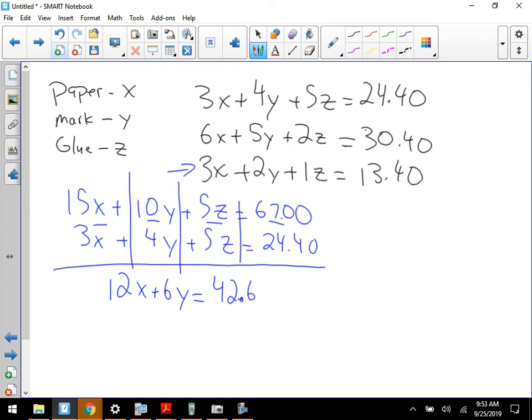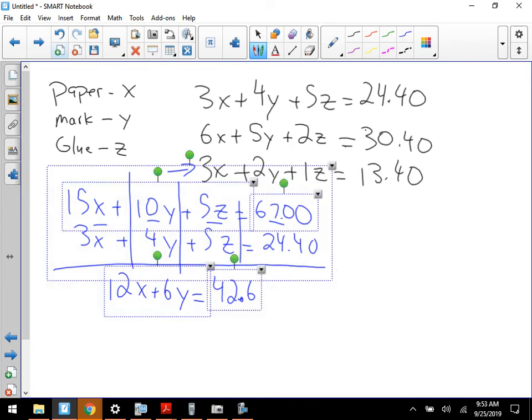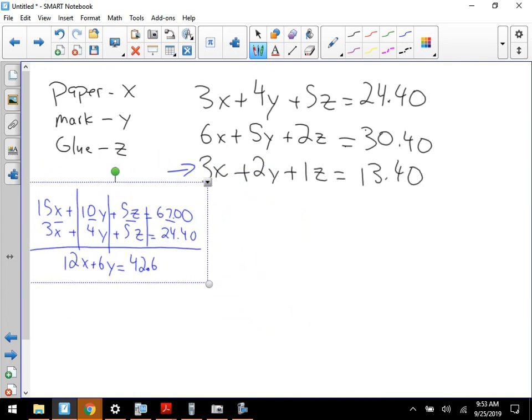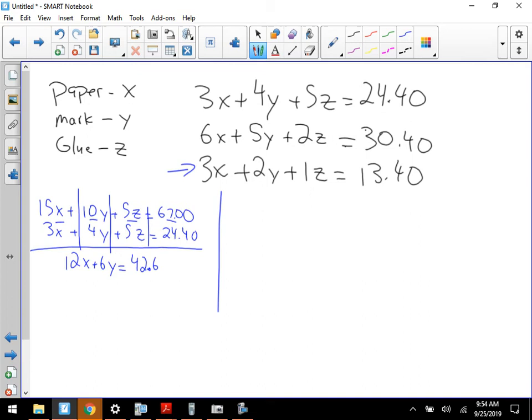Do I do the same thing? Once again, I'm going to take that third equation. Now this time I'm going to get rid of the z in the second.